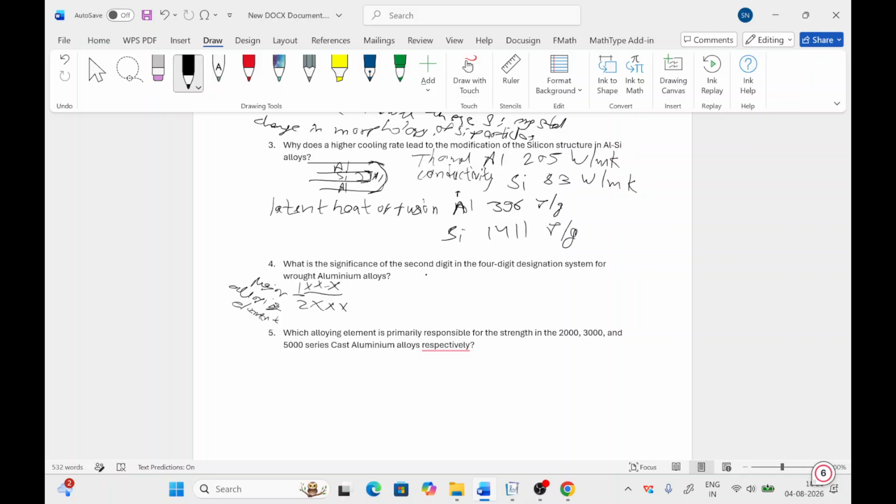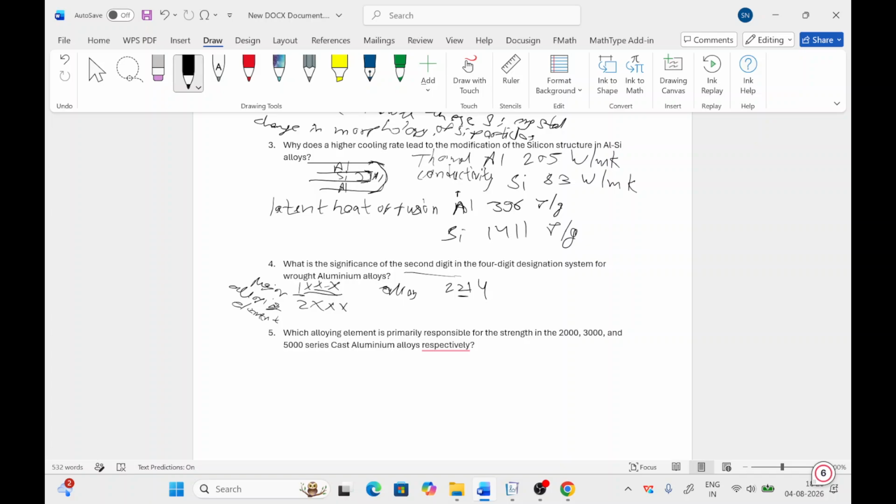So the second digit represents the alloy variation in specific alloy composition. Means other than the major alloying element, what modification we have done on the specific composition of an aluminum alloy? Like if we say 2214, this second digit represents different meaning.